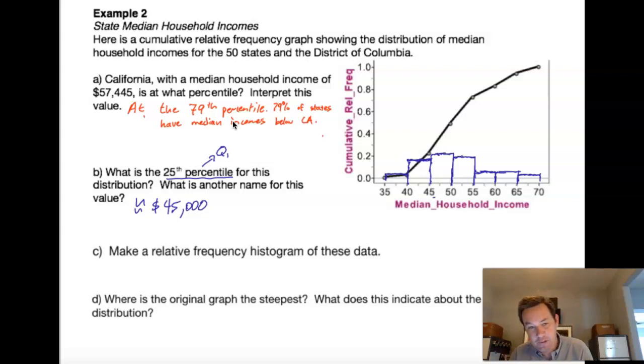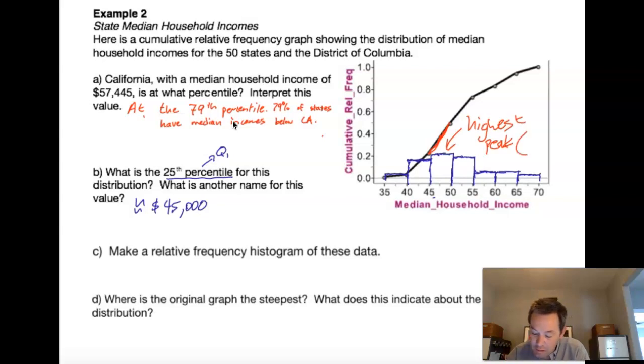And so for part D, where is the original graph the steepest? I would say between 45 and 50, right? On the interval between 45 and 50. And that corresponds to the highest peak, right?